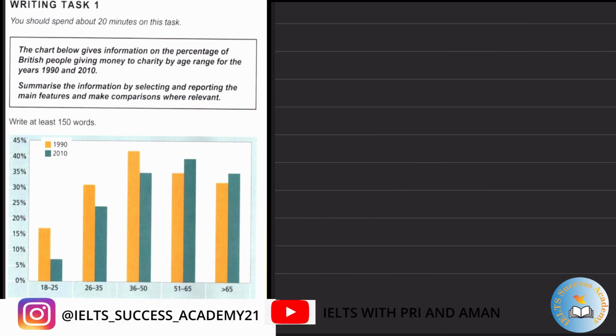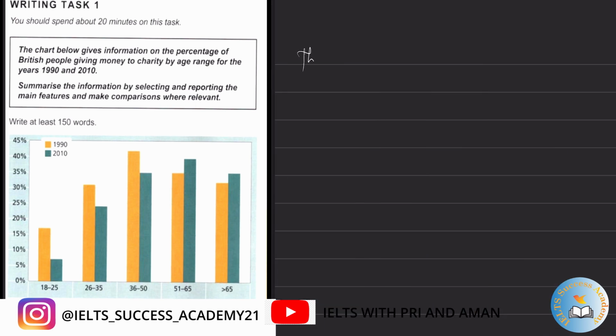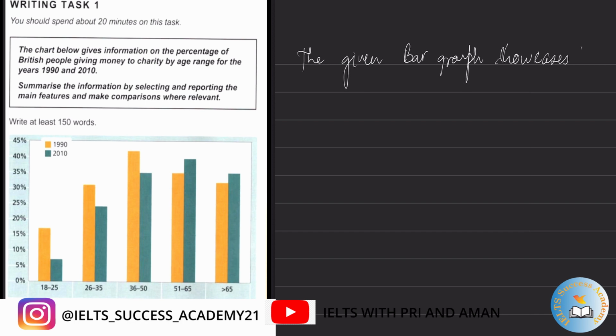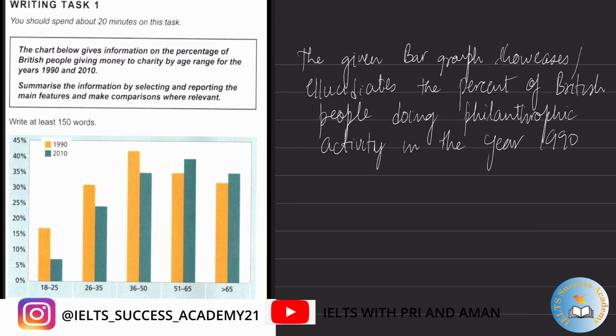So we can say that the given bar graph showcases or elucidates the percent of British people doing philanthropic activity in the year 1990 and 2010.